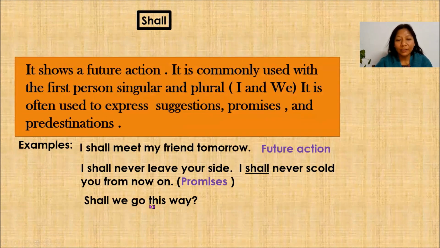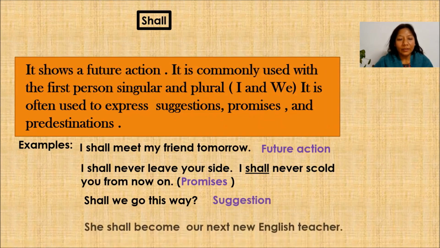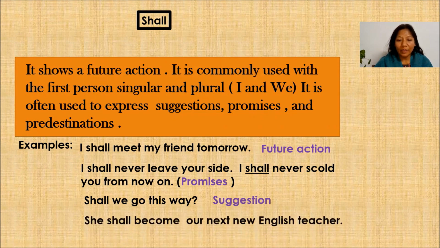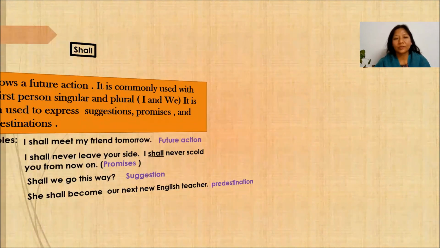This is suggestion, okay? And here, she shall become our next new English teacher. This is predestination, prediction, okay? She shall become our next new English teacher. So this is prediction.